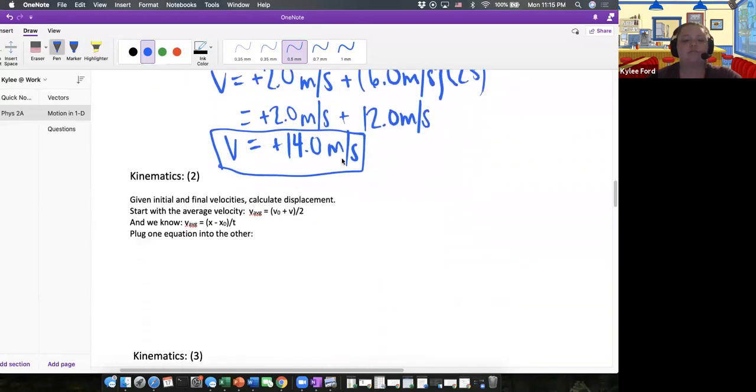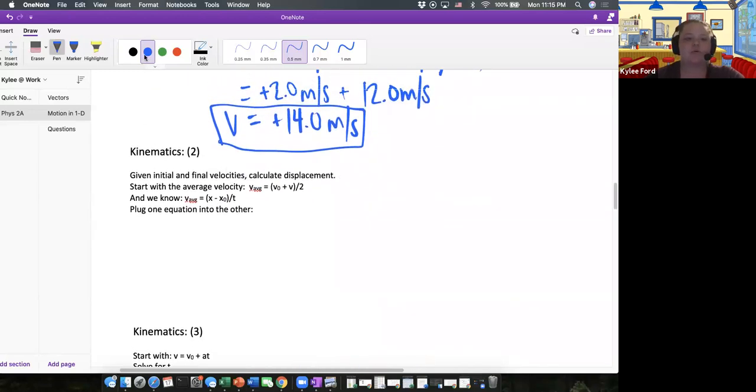All right. Moving on to our next equation that we want to find. So if we are given initial and final velocities, and we want to know the displacement, and remember, displacement is going to be our delta x. We start with knowing that our average velocity, or v average, is v naught plus v divided by 2.